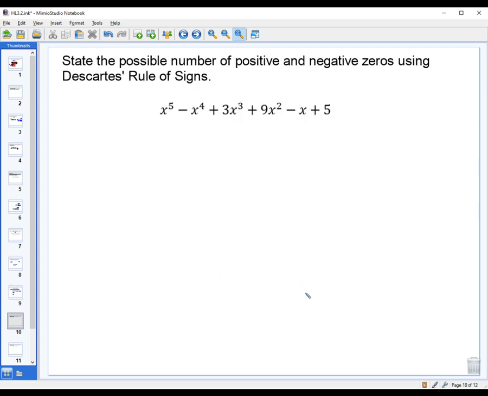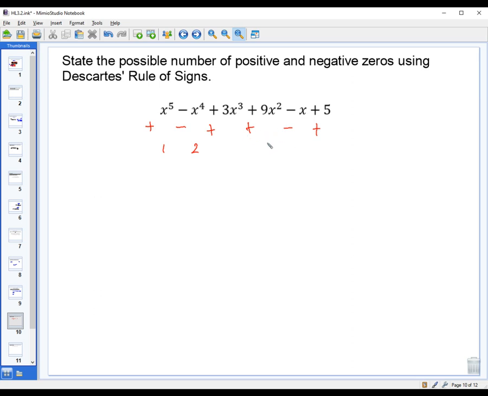All right, so using Descartes' rule of signs, we're going to name the possible number of positive and negative zeros. So for positive zeros, remember we take the function, we count how many sign changes. So this positive, negative, positive, negative, positive, right? So we change from positive to negative, that's 1. From negative to positive, that's 2. Stayed positive.